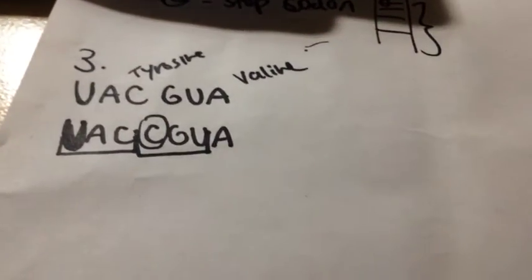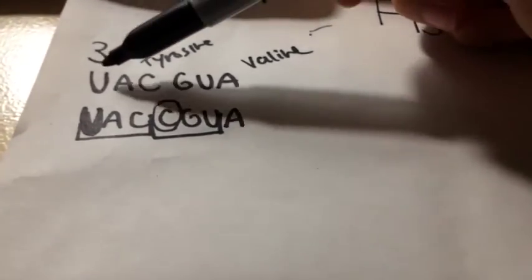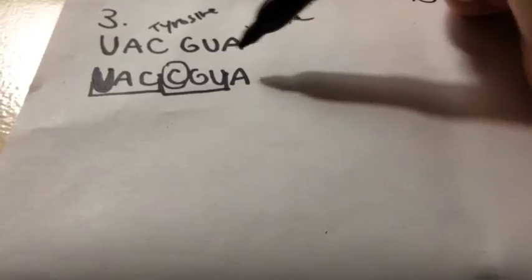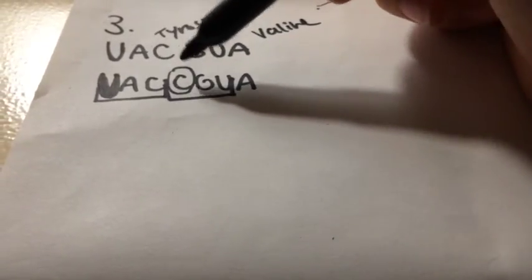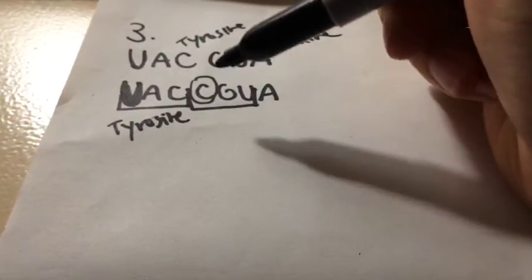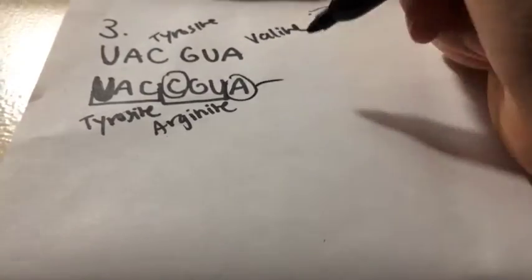Another type of mutation happens when a nucleotide is added into the sequence. If a codon was meant to be UAC, then GUA, creating tyrosine and valine, and the mutation causes a C to be added to the sequence, the codon is no longer UAC and then GUA, it is now UAC and CGU, which is now coding for tyrosine, and instead of valine, it's coding for arginine, and this A is being left out.